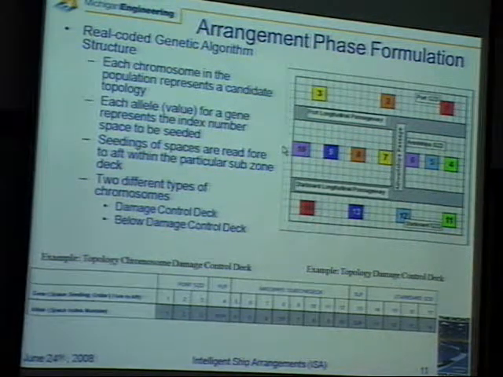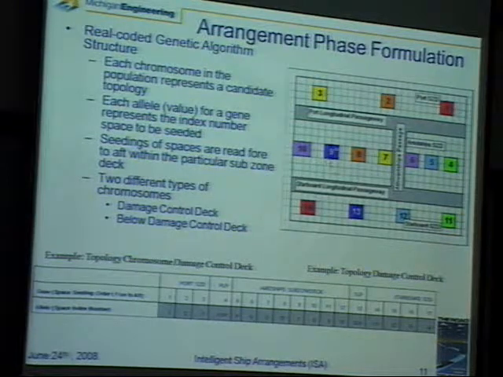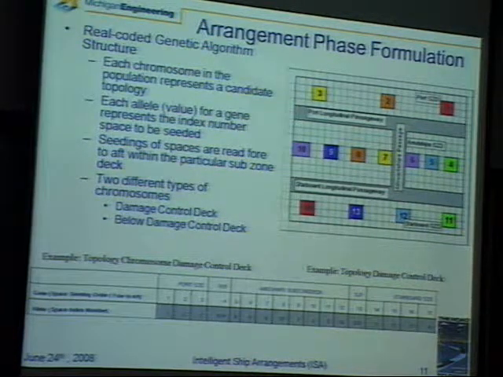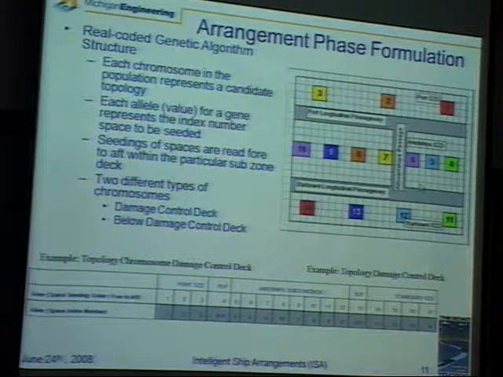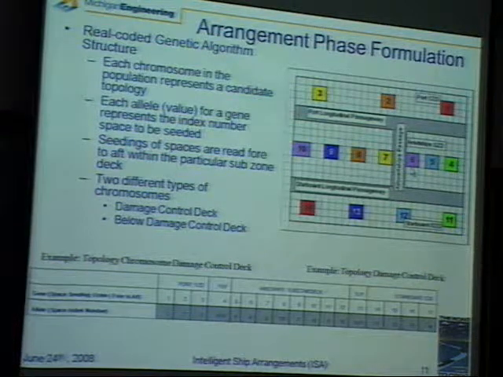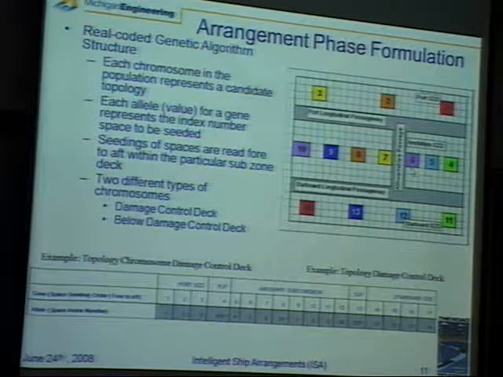The requirement is like this: space 9 should be more to the stern side compared to space 12, or space 6 should be more to the port side compared to space 1.